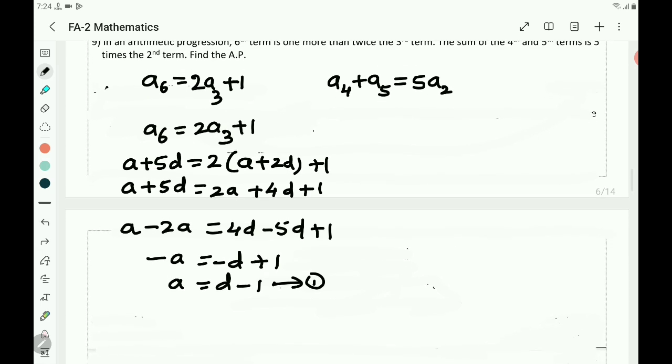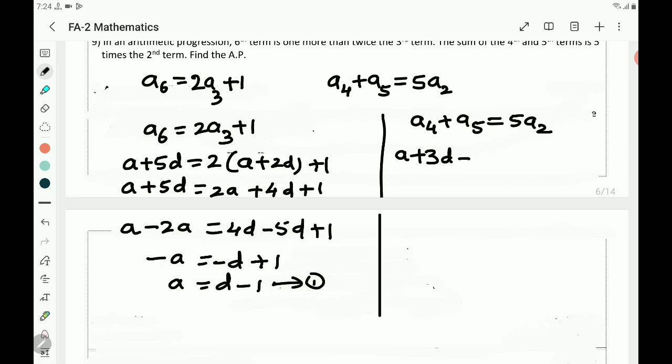A4 plus A5 equals 5A2, let us write it here only, so you can compare it easily. A4 is A plus 3D, A5 is A plus 4D, equals 5 into A2, which means A plus D. You write it in the bracket, as 5 is to be multiplied by A2.